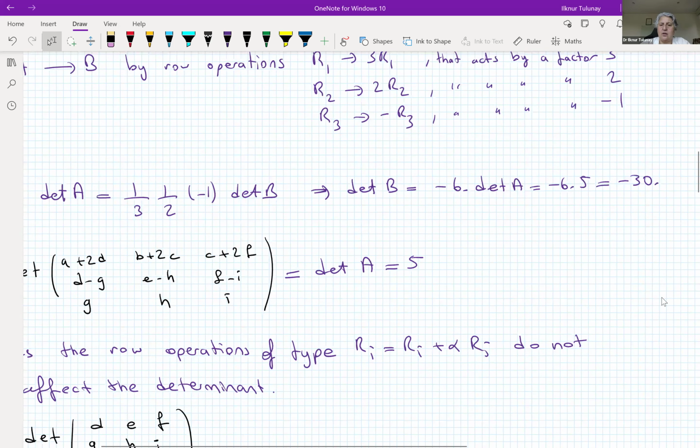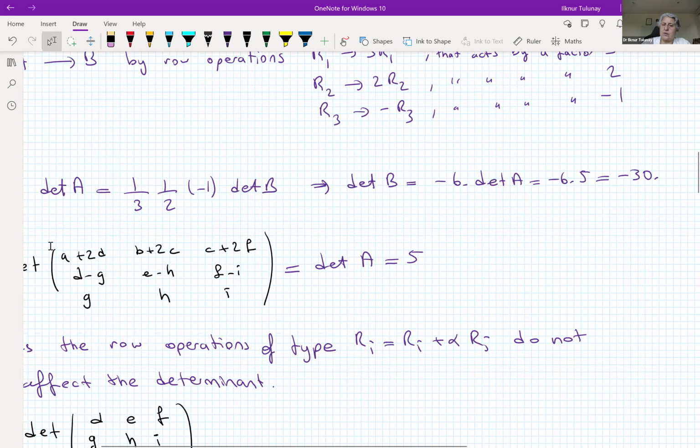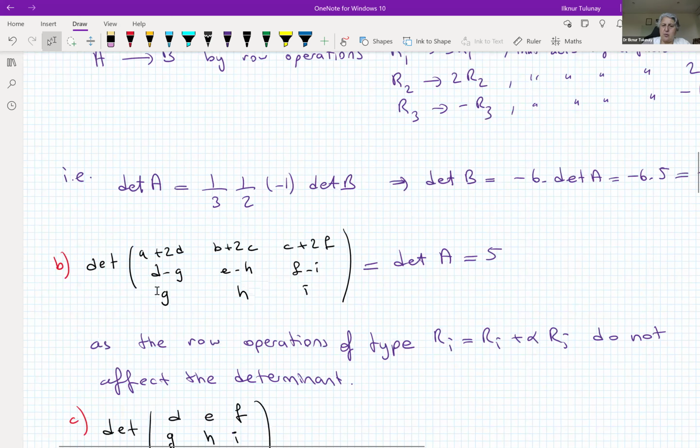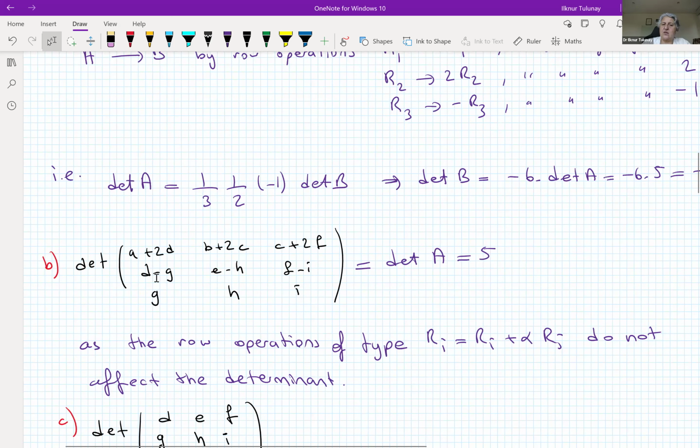The B section gives us this kind of determinant. We know that the determinant of A is 5, but all the row operations here, the second row multiplied by 2 and adding the first row, do not affect the determinant. This one, multiplying the last row and adding to the second row, does not affect the determinant.